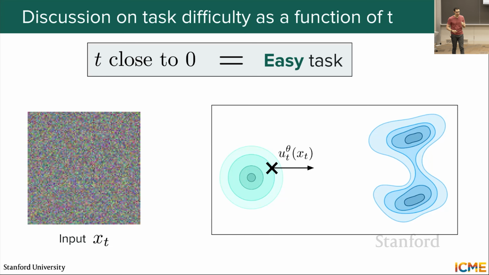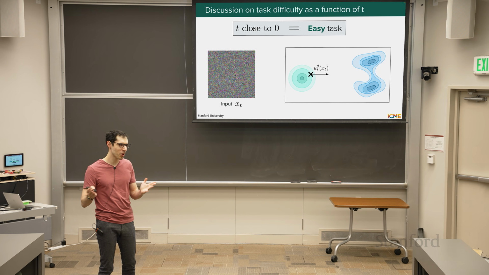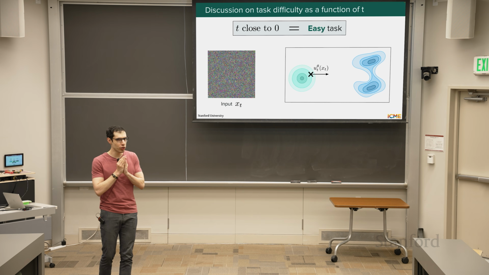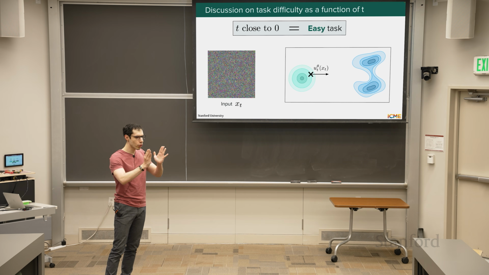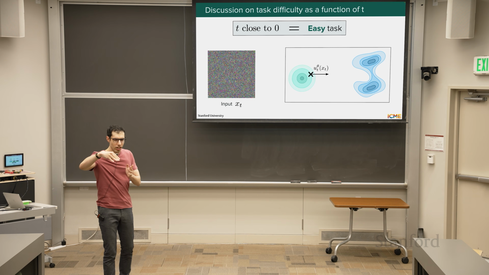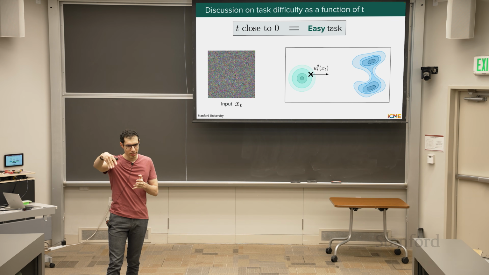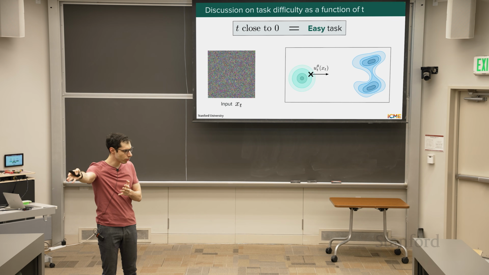Now, why is it easy? At the very beginning, the input that you have is actually void of all information. You don't know anything about where you're going. So what your model will be incentivized to do will be to just try to predict the average direction where you need to go.